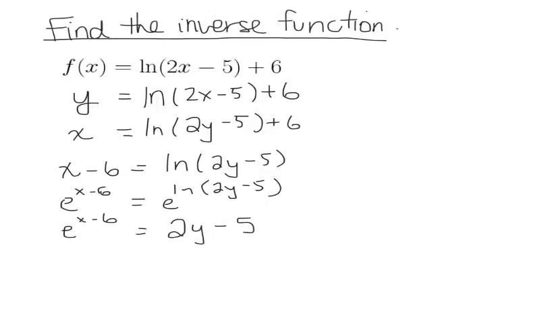Adding 5 to both sides, we get the natural exponential to the power x minus 6 plus 5 is equal to 2y. And then finally, dividing both sides by 2 gives us e to the x minus 6 plus 5 all over 2 is equal to y.